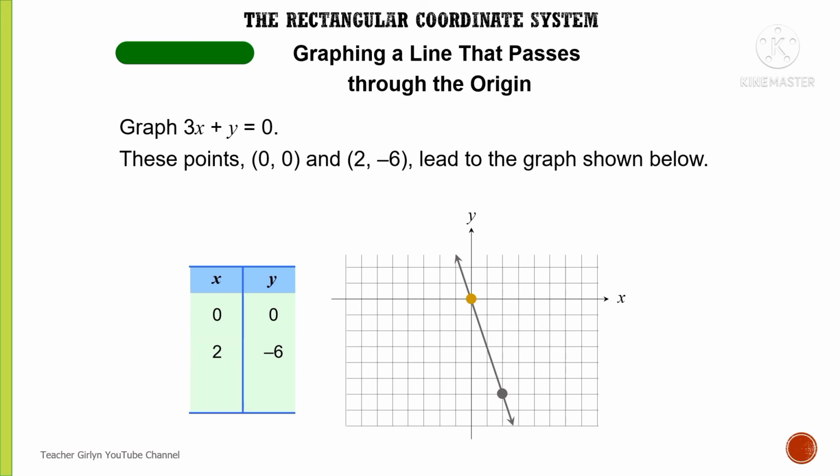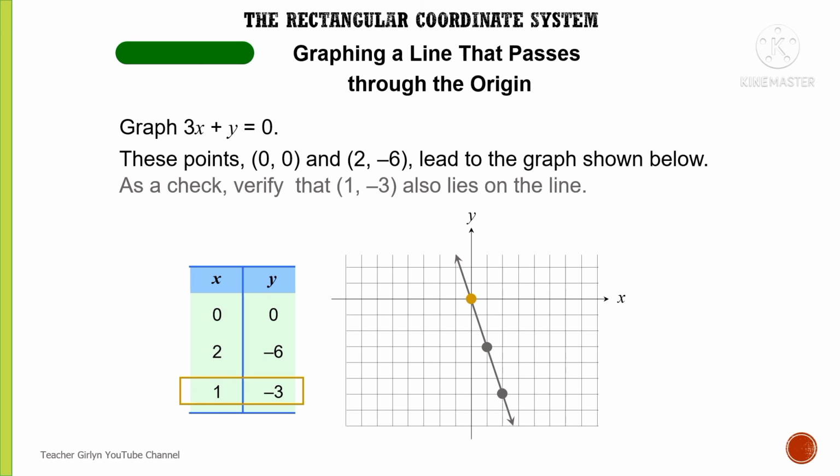So we draw a straight line here. This line is the graph of the equation 3x + y = 0. As a check, verify that (1, -3) also lies on the line. So we have the point (1, -3), and it also lies on the same line.